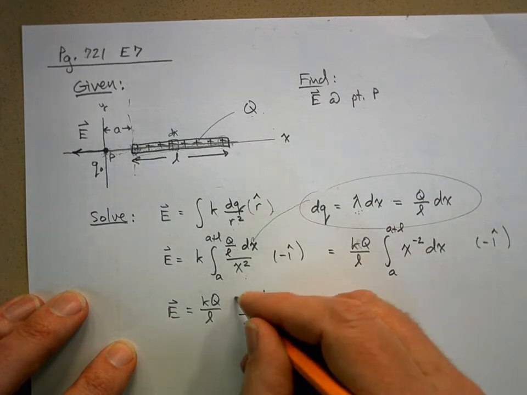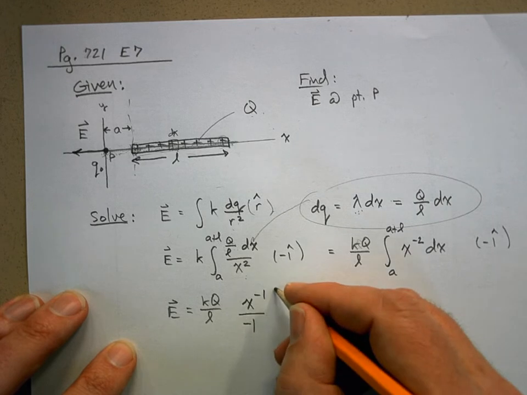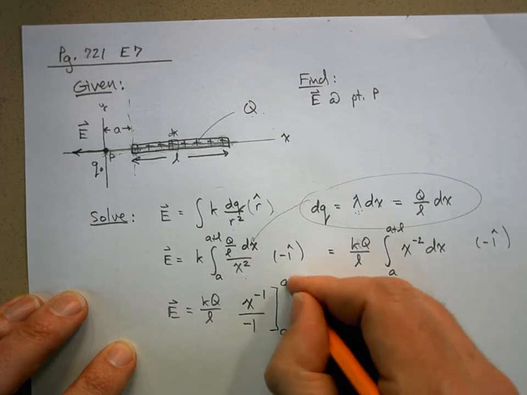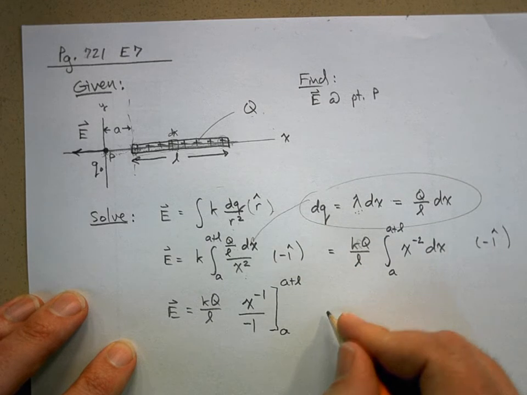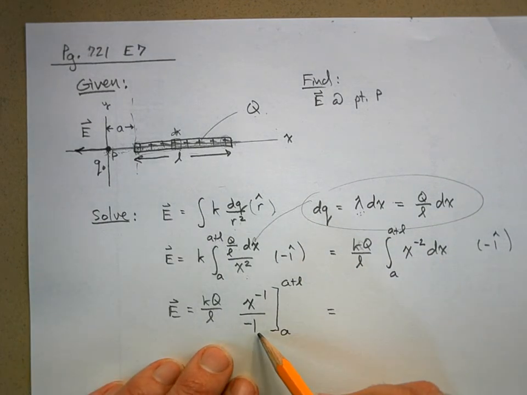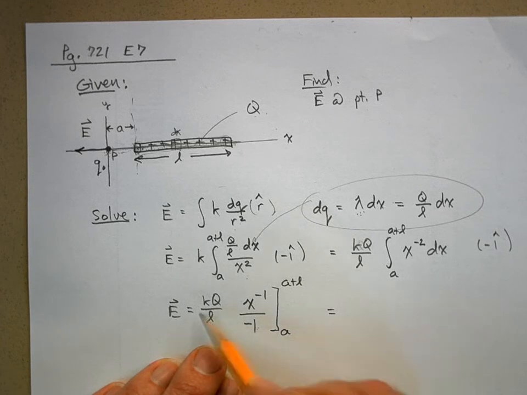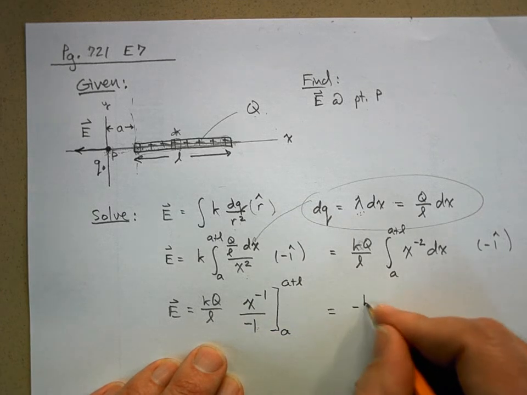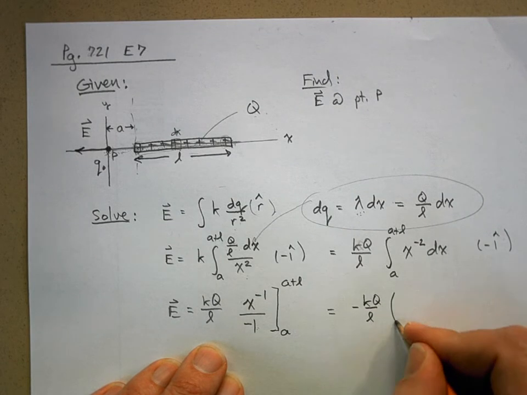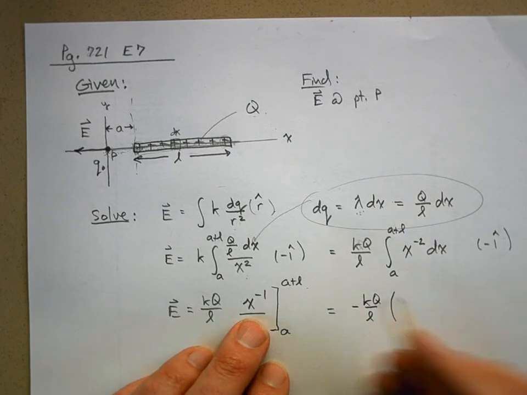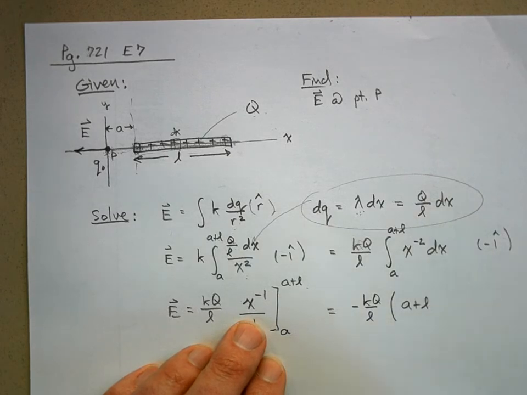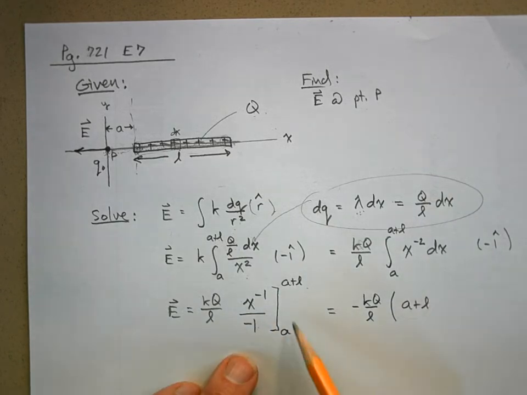And we're going to evaluate this from A to A plus L. So let's take this negative out here, negative KQ over L. And then we'll put in A plus L, and then we're going to put in A.